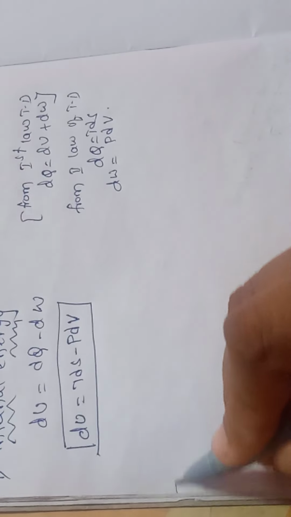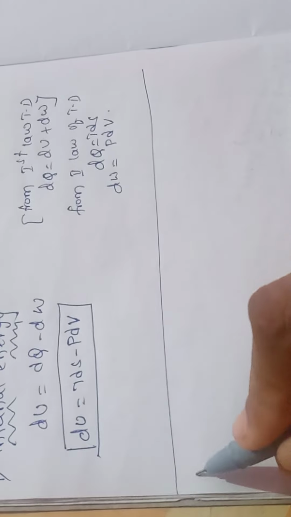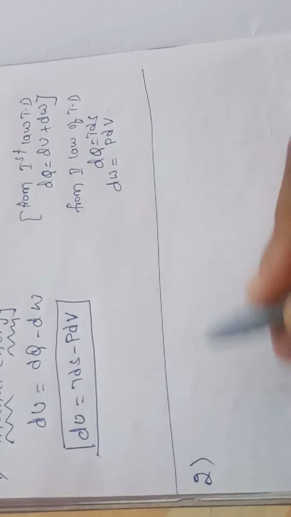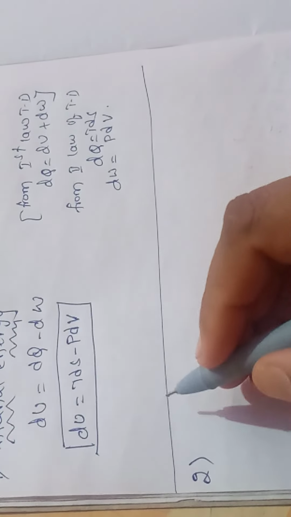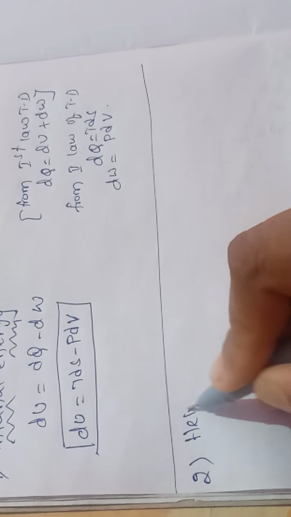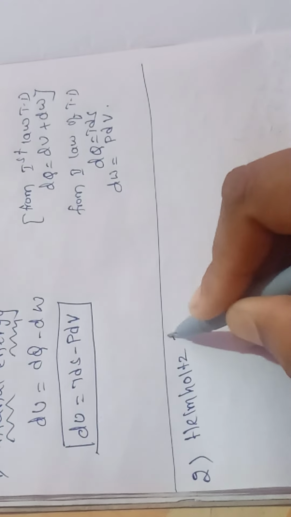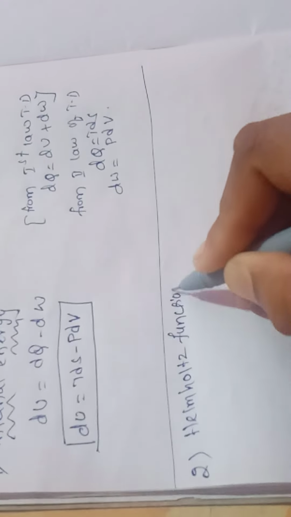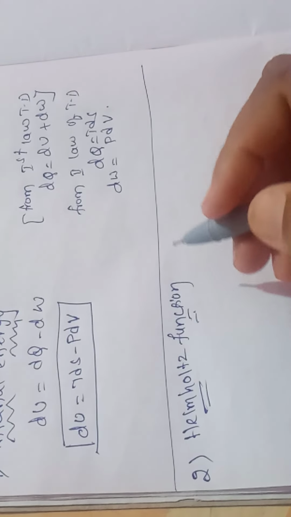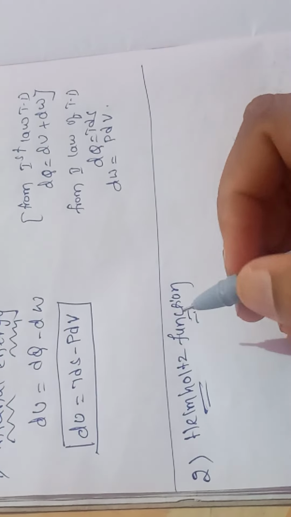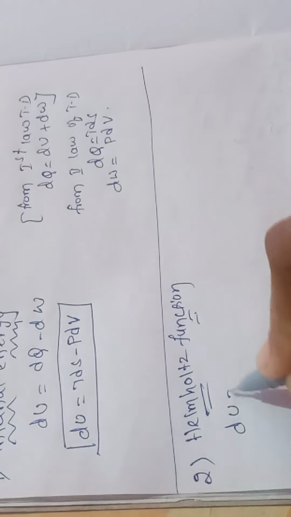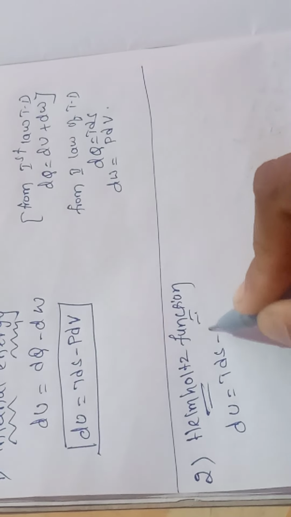Okay, now next let us go for the second thermodynamic potential, that is the Helmholtz function. From the first and second law of thermodynamics, we wrote dU equal to TdS minus PdV.